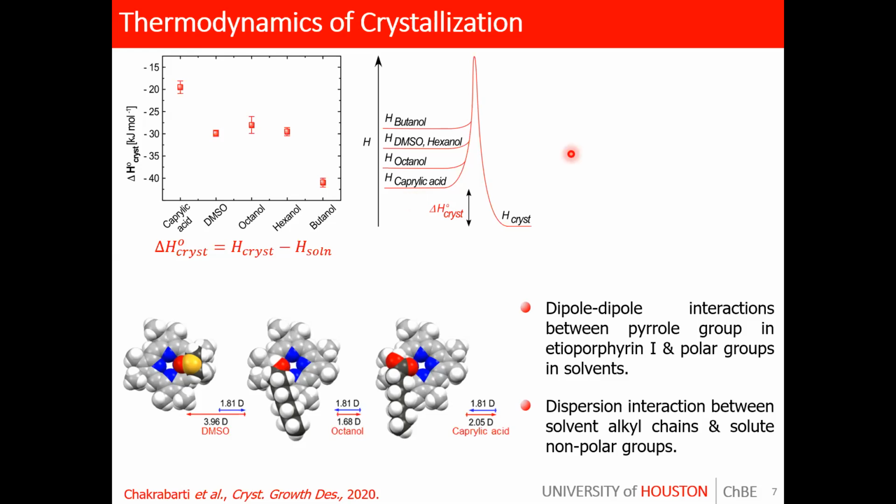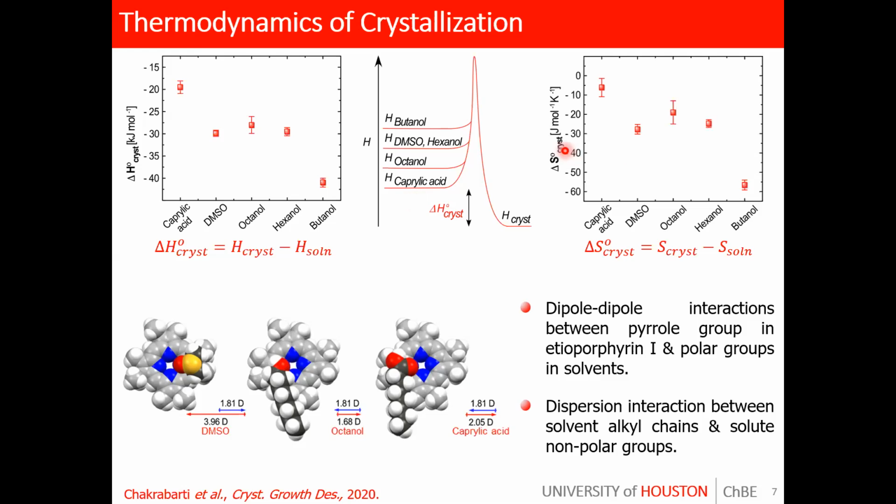Now we look into the entropy of crystallization data. We see that all of these values are negative, indicating that the solute molecule loses its degrees of freedom upon incorporation into the crystal lattice. And another thing is we see a very similar trend across solvents for the enthalpy and entropy of crystallization, which indicates that the solvent structuring at the crystal interface is only supported by solute-solvent interactions and not by solvent-solvent bonds, unlike aqueous solutions.